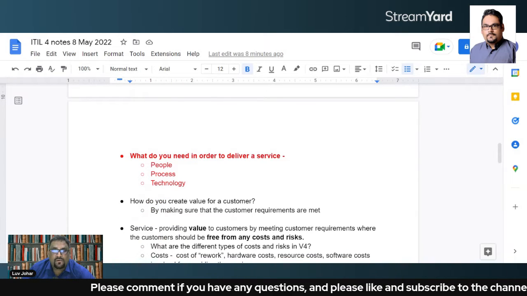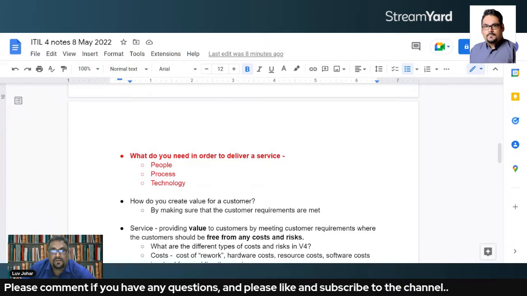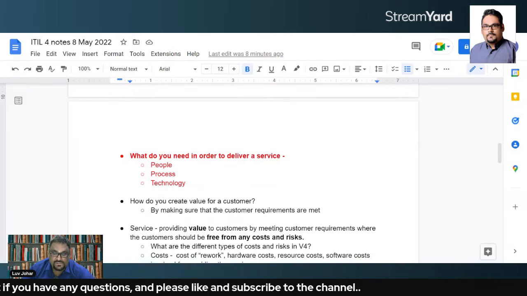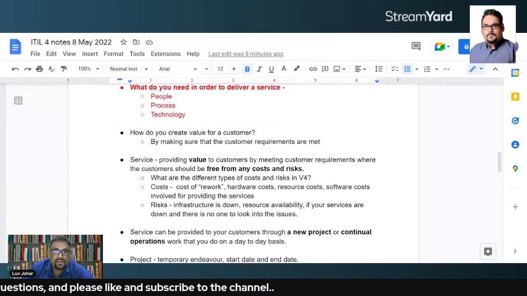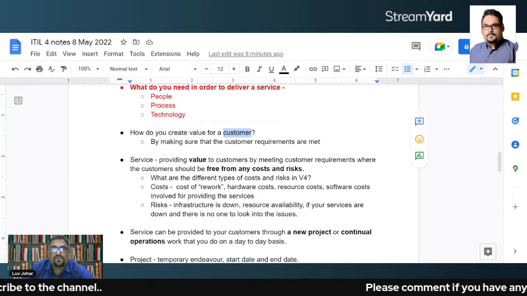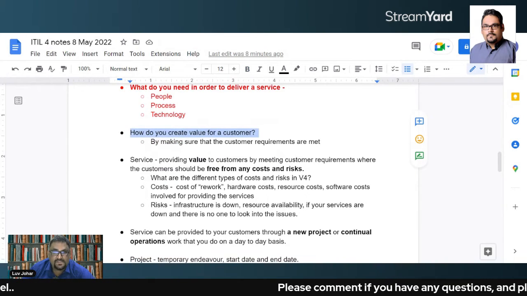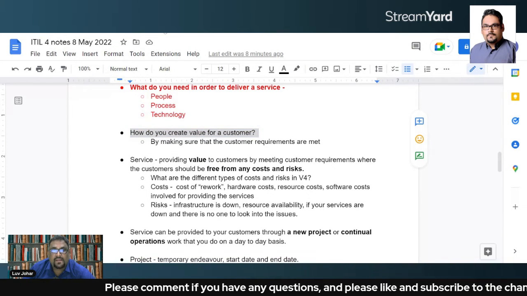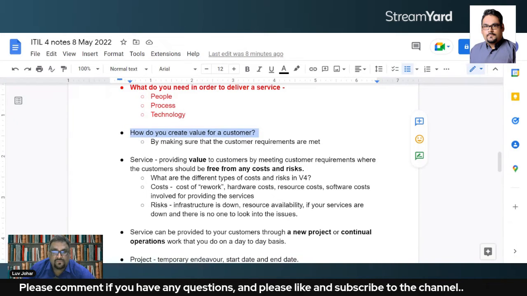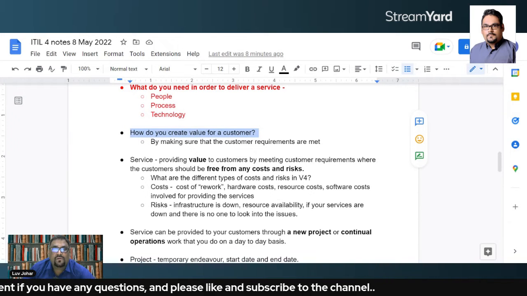And what do you need in order to deliver a service, guys? You need people, process, and technology. Three things you need in order to deliver any service. So how do you create value for a customer? By meeting the requirements of the customer, by meeting the expectations of the customer, we are trying to create value for the customer. How do you create value?